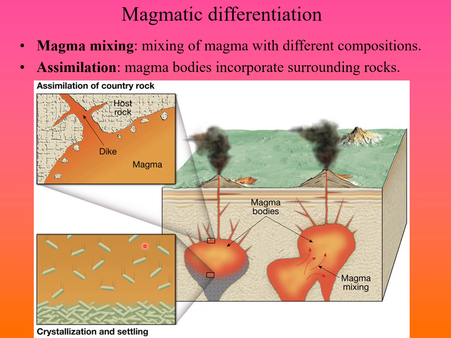You can also get assimilation, and this is when a magma body, like in this top left diagram here, moves into what we call the host rock, which is the solid rock of the crust that it's intruding into. And it will start to melt some of that rock because it's hotter than that rock. And the minerals that have lower melting temperatures will start to move in.